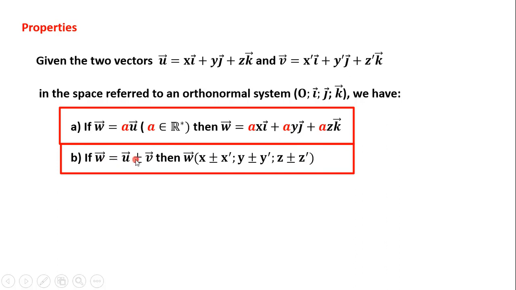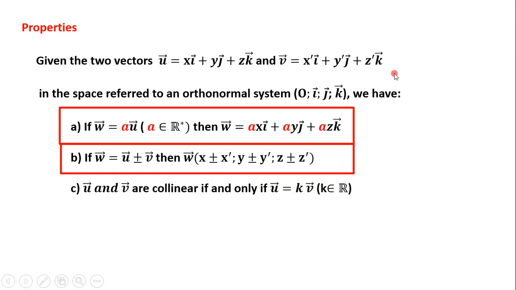If vector w is equal to the sum or the difference of the two vectors u and v, then the components of vector w are the sum or the difference of the components of the two vectors u and v.